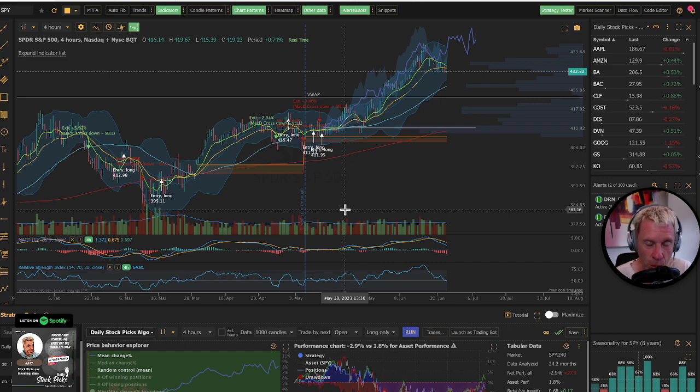There are a couple of proprietary things like these volume shelves and the gap snake that are in TrendSpider that are not anywhere else that I know of. I think you can set those up in some other programs, but TrendSpider is the one that I focused on. I tell you all about the moving averages, why I have the moving averages, the Bollinger Bands, links to all of that stuff, some links to videos about it, some links to other articles about these things. So that's the reason for the paid content.